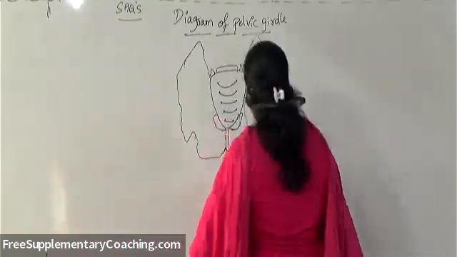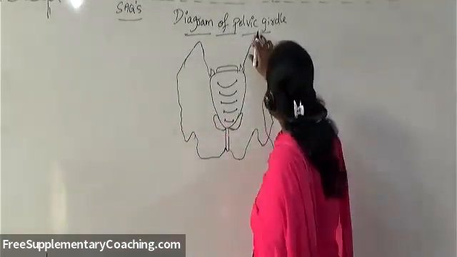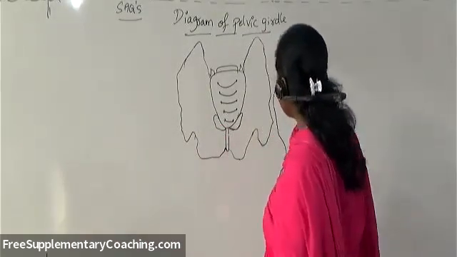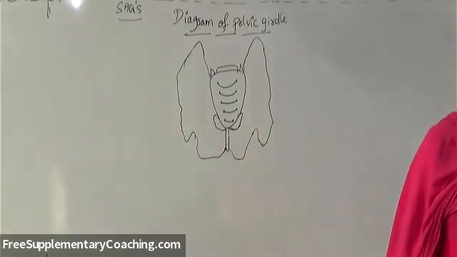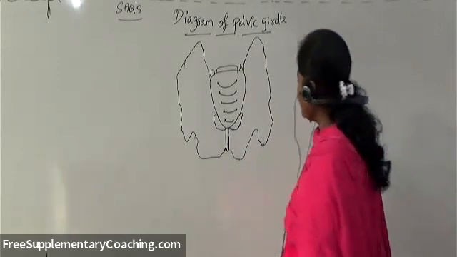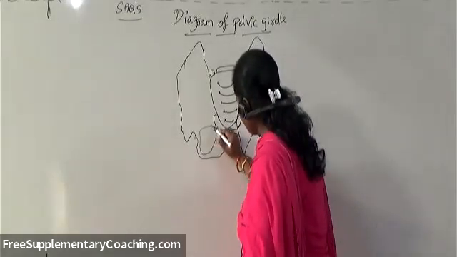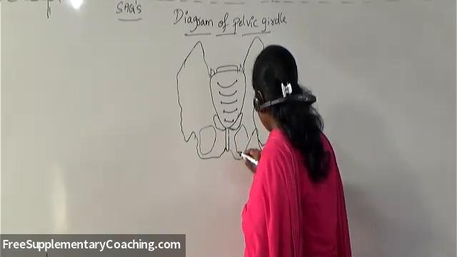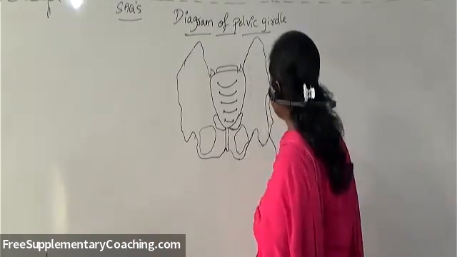So like this, two portions you should show, ileum and then ischium portions. And even you need to show some space for the acetabulum.